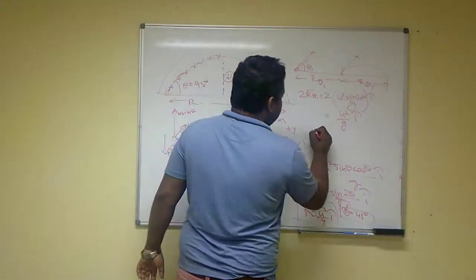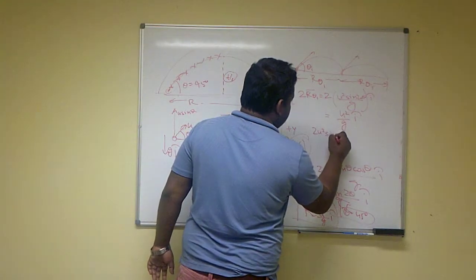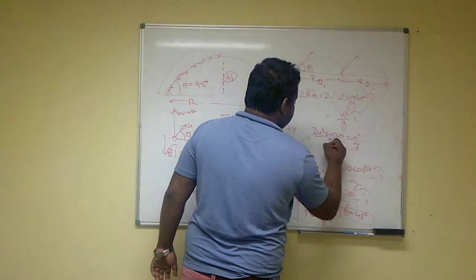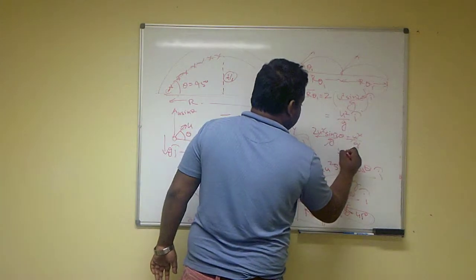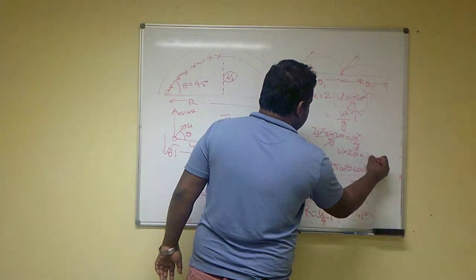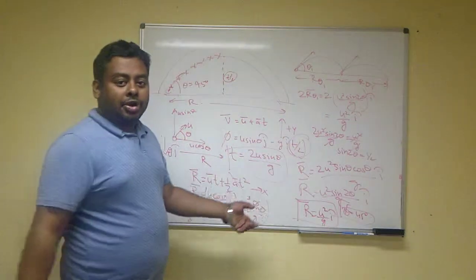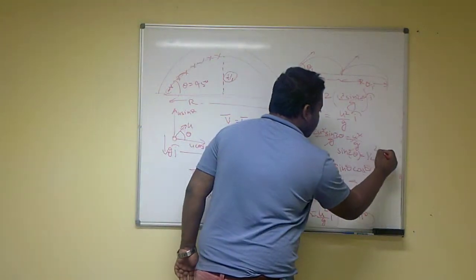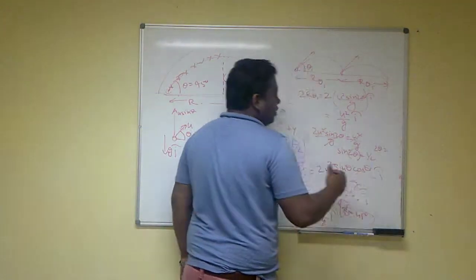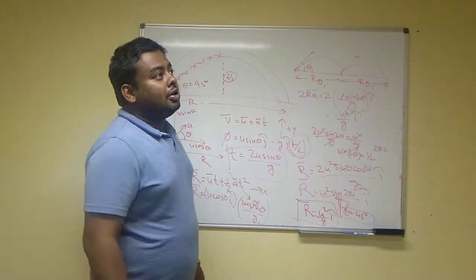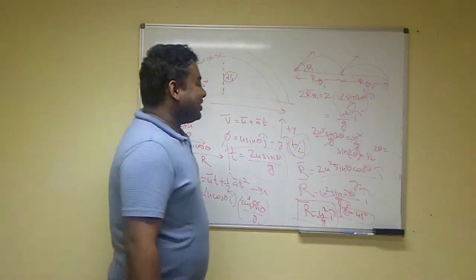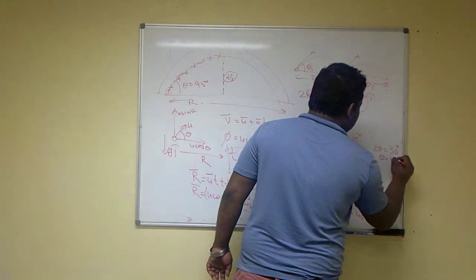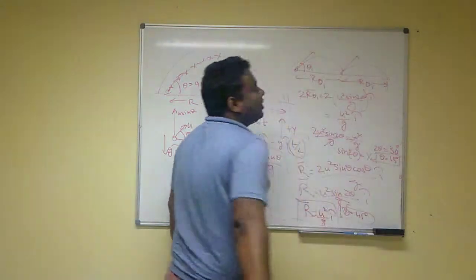So if that is the case, then 2u square sine 2 theta over g is u square over g, and your sine 2 theta is becoming half. When sine 2 theta becomes half, it means 2 theta, this argument of sine, is actually 30 degrees, and your theta is actually 15 degrees, right?